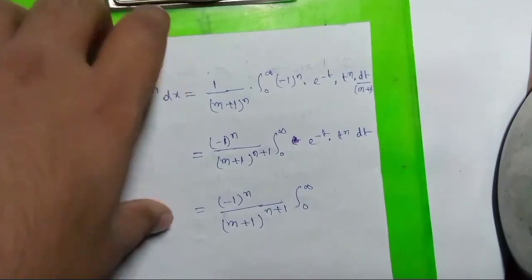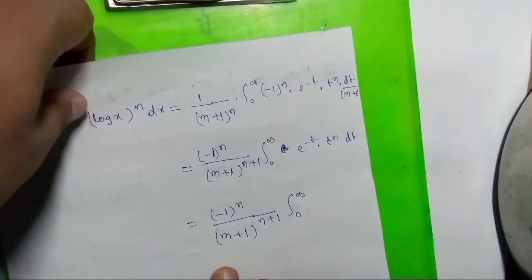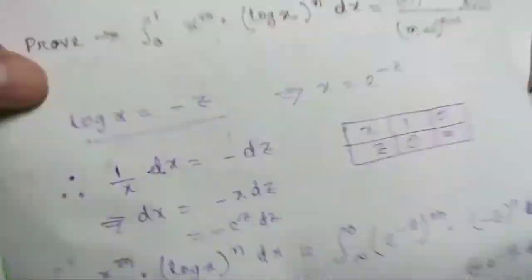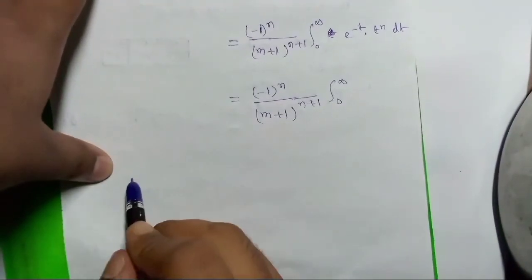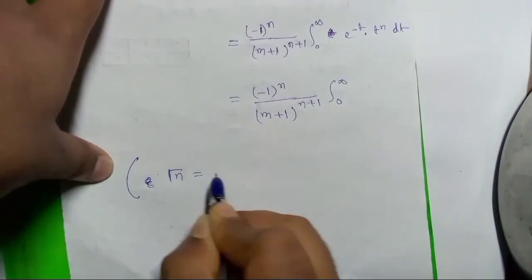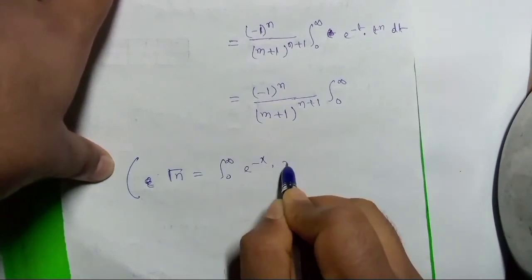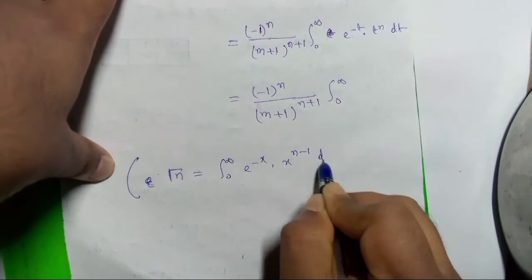What is the definition of the gamma function? The definition of the gamma function is gamma of n is equal to the integral from 0 to infinity of e to the power minus x times x to the power n minus 1 dx.